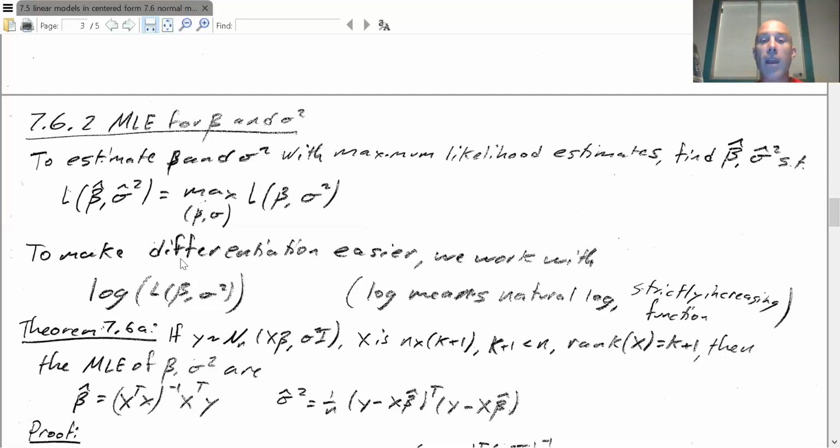So by solving it in an easier format, I get the answer I want. This is why we do the log transform on this. Since the logarithm is strictly increasing, finding the maximum of the log of the likelihood is equivalent to finding the maximum of the likelihood, period.